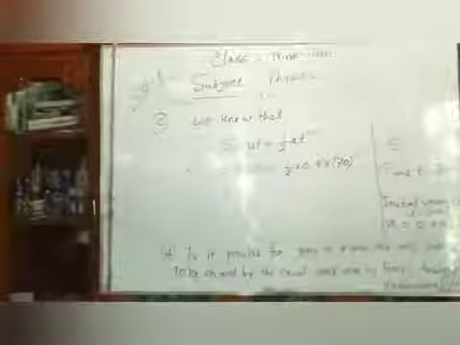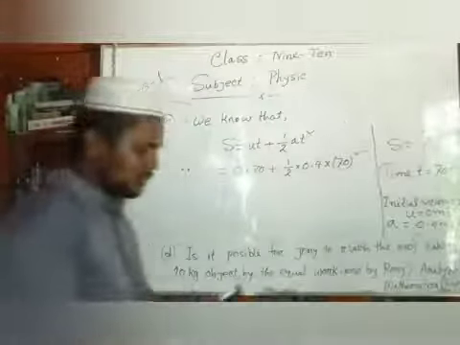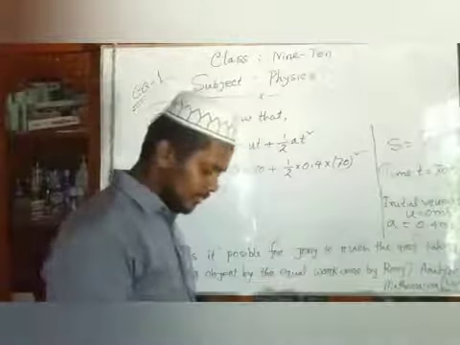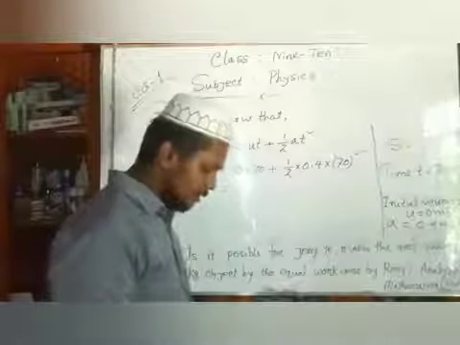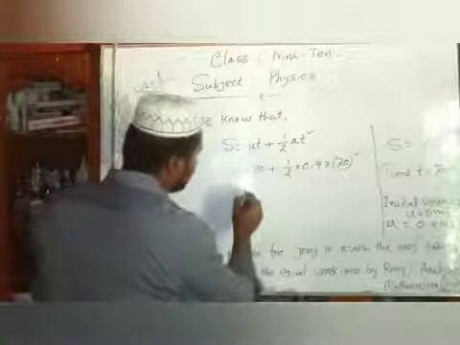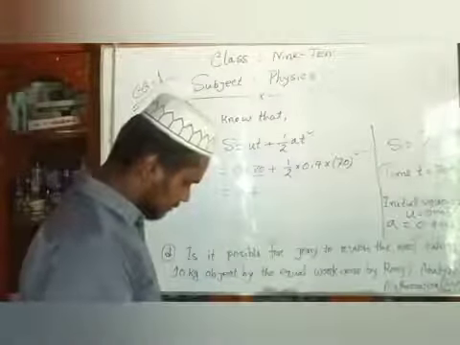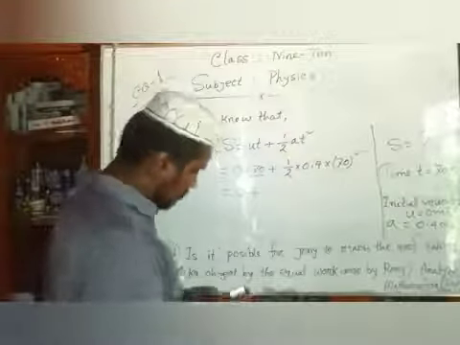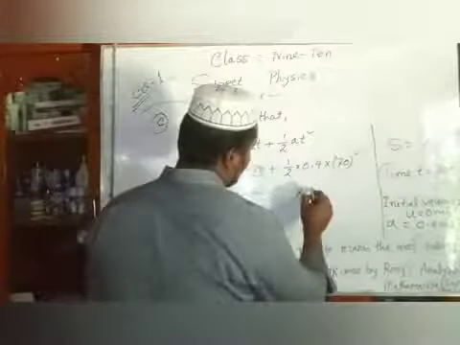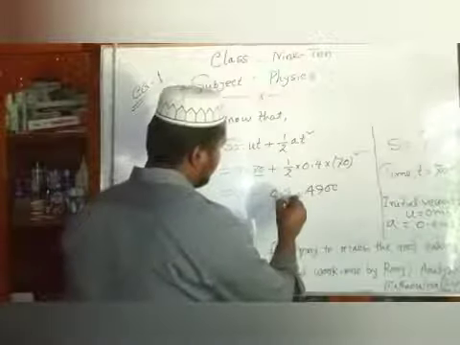Where is my calculator? Dear students, I have no calculator, but I have a simple mobile. We calculate our value: 0 plus half into 0.4 into 70 square, that means 4900 into 0.2.